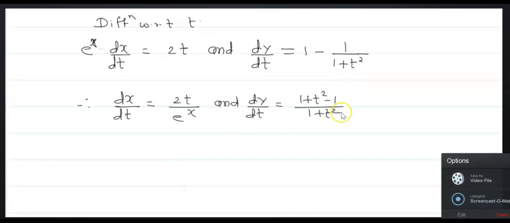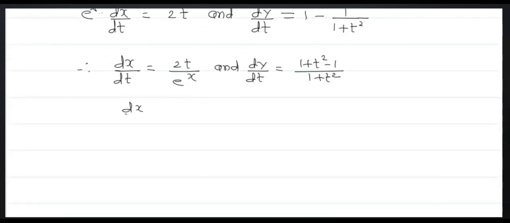Plus 1 and minus 1 get cancelled. t square upon 1 plus t square. Therefore, dx upon dt is equal to 2t upon e raised to x, and dy by dt is equal to t square upon 1 plus t square.